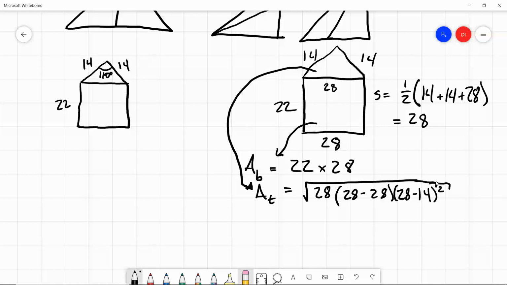Maybe that would work. Would 26 work? Yeah, so we'd be good. So if we change that to 26, let's just go ahead and do that, since this actually works.